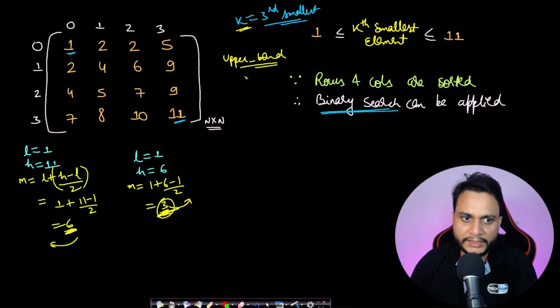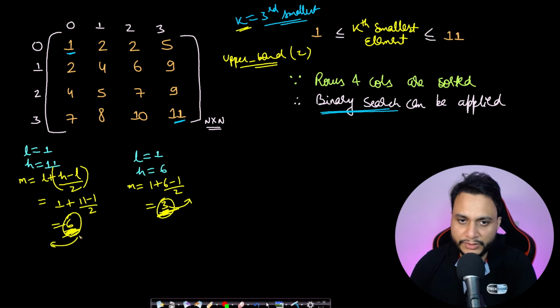So if you apply, let's say, upper bound of 2 on the first row, then it will stop at index 3, because index 3 is the first index where the element is greater than 2. This is the first occurrence in this row. Therefore, for 6 as well, we should have applied binary search.